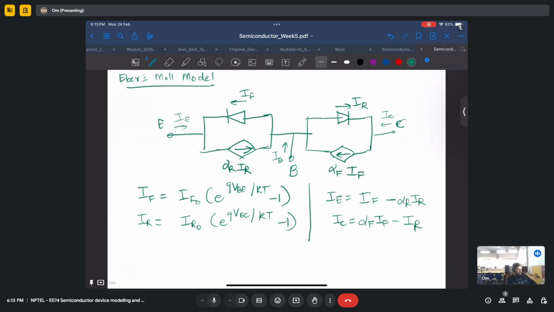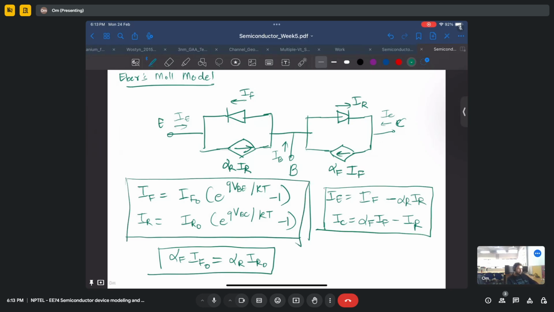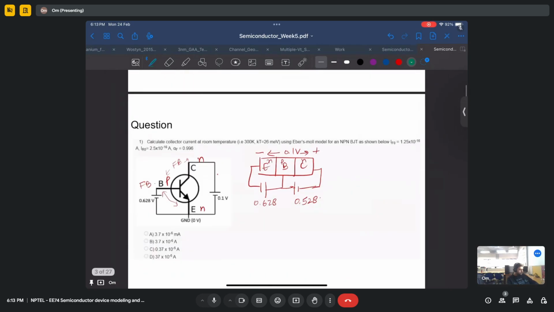And one more condition is there, it is alpha F IF naught is equal to alpha R IR naught. So these are the few important conditions that we need to know for solving this question in the Ebers-Moll model. Okay, so now let's get back to the question.